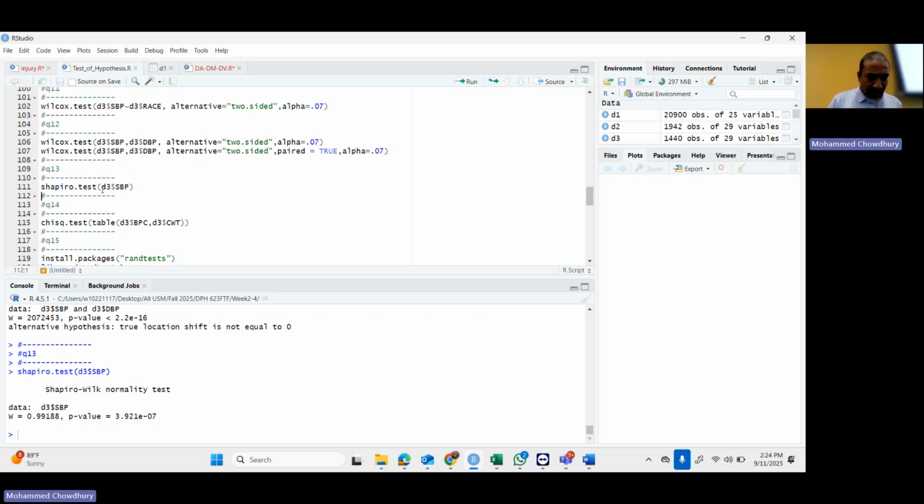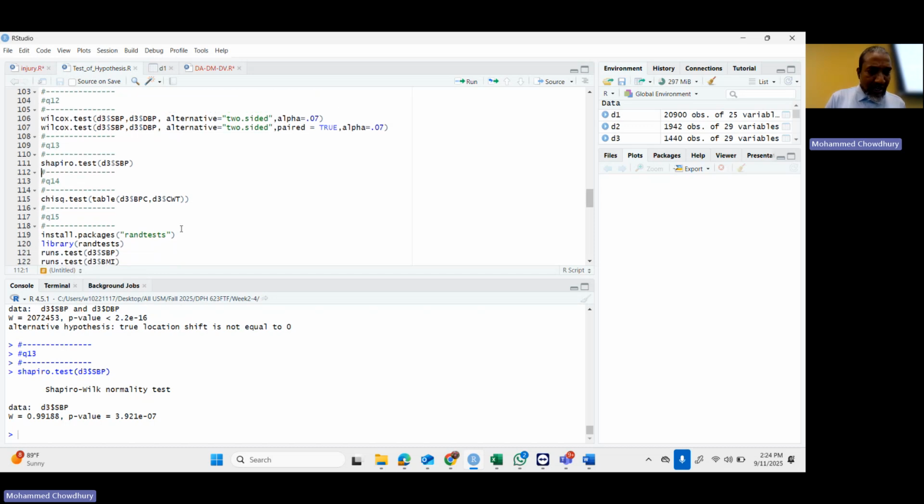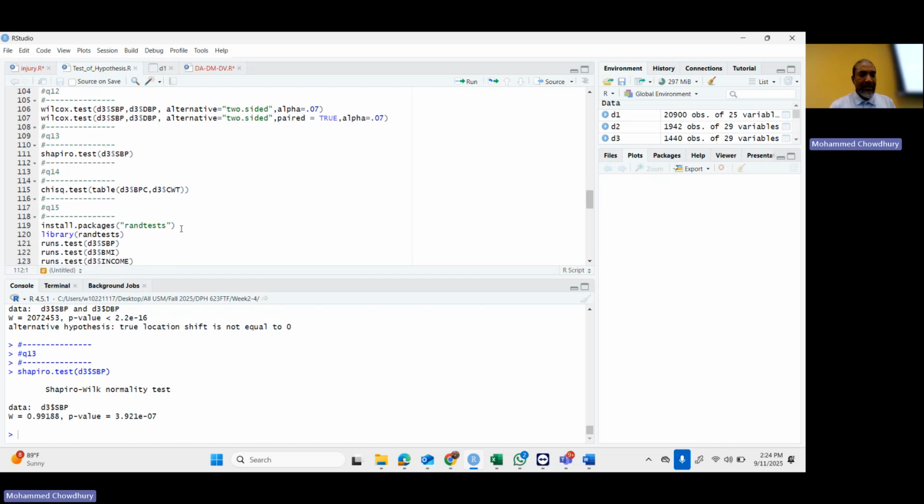Okay, after the Shapiro test, I want to test whether two variables, blood pressure category and weight category, CW meaning the categorical weight variable, are independent. Independence is tested with qualitative variables. Here is smoking status, and here is alcohol consumption status.